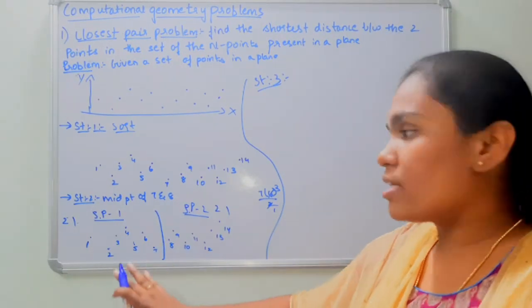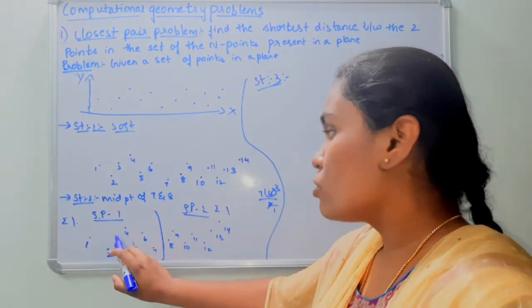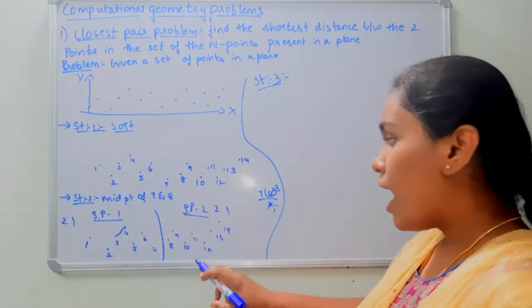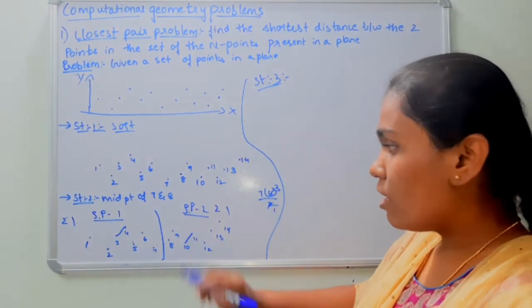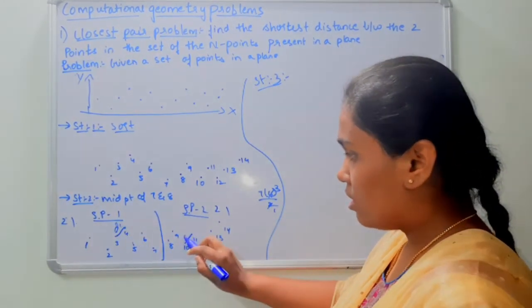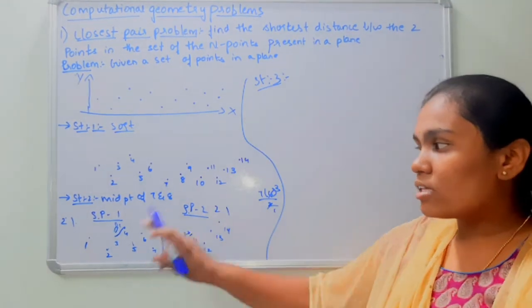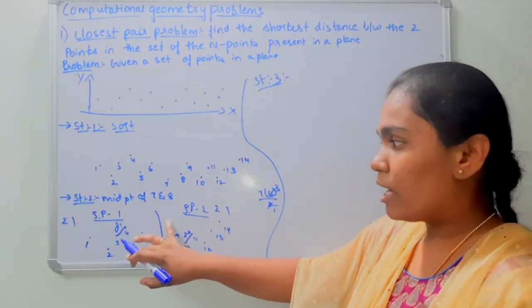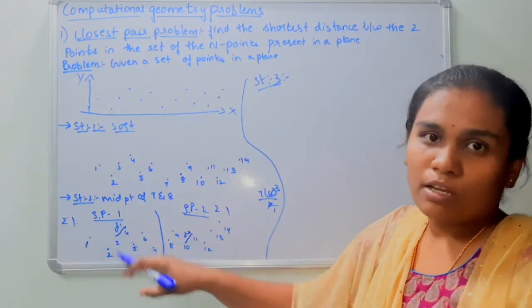In subproblem 1 and subproblem 2, we have to discover the shortest distance. Here the shortest distance is between 3 and 4, and here the shortest distance is between 10 and 11. Let us think this is D1 and this is D2. By combining these two shortest distances, we have to make another subproblem between these midway.